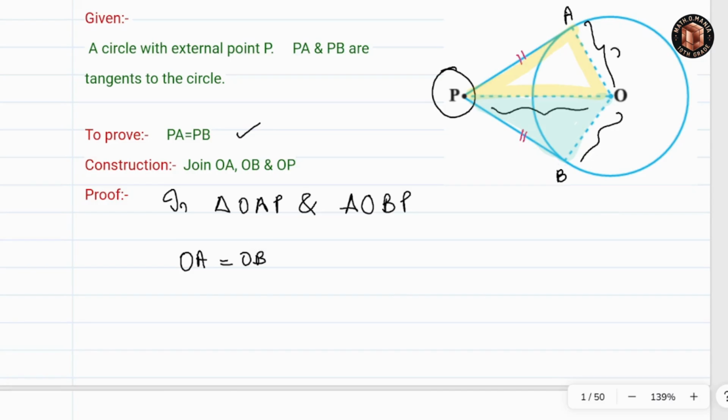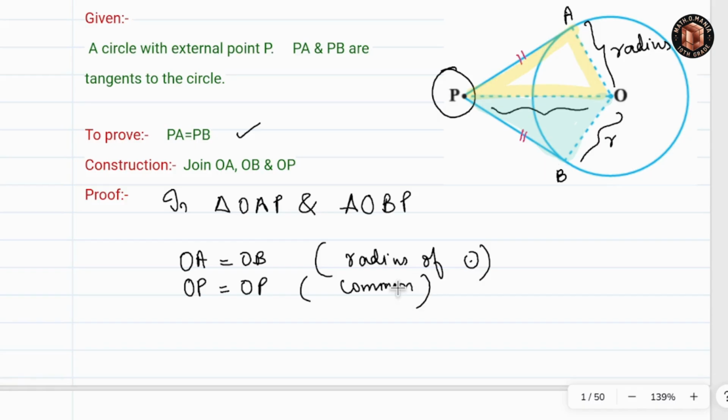Why? Both are the radius of the circle. OA and OB are radii of the circle. Then we can write OP equals OP because it is common to both, common side.